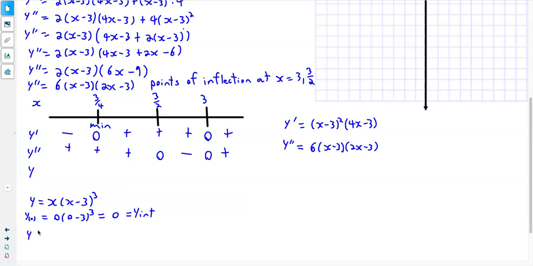So we've got y of 3/4 is equal to 3/4 times 3/4 minus 3 cubed. Now that gives us something that is roughly negative 8.5.